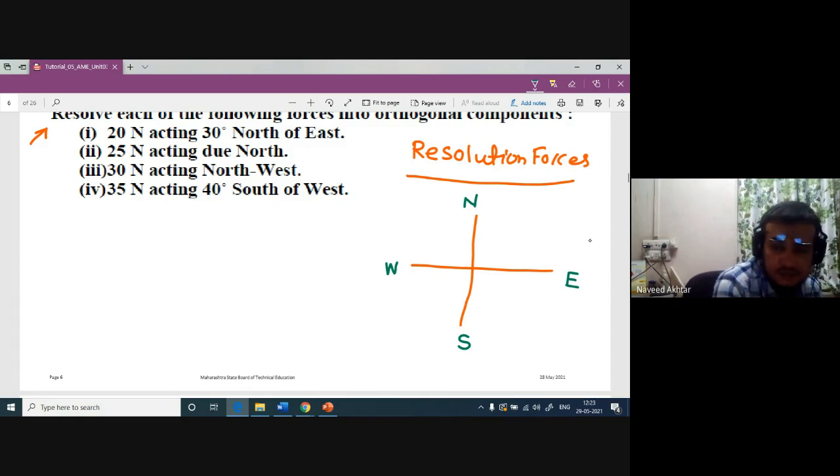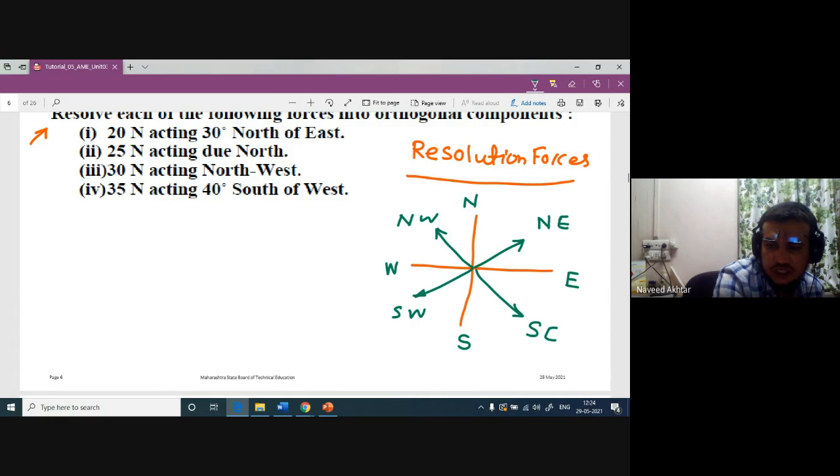If the force is in between this, then you can see that is the northeast direction. If the force is in between these two, then we can say it is the northwest direction. If the force is in the third quadrant, then we will say it is the southwest direction, and if the force is in the fourth quadrant, we can say the southeast direction.